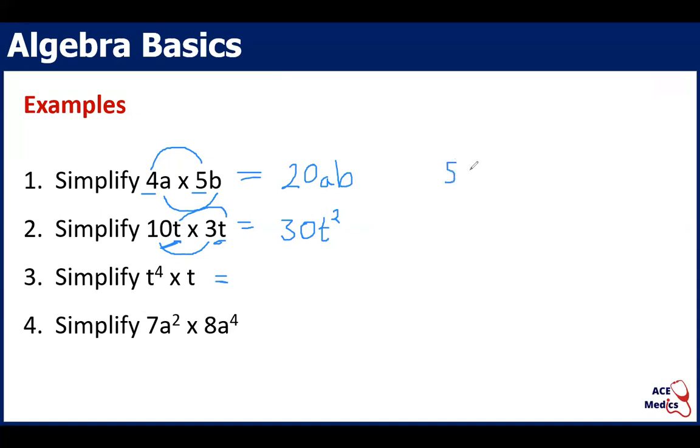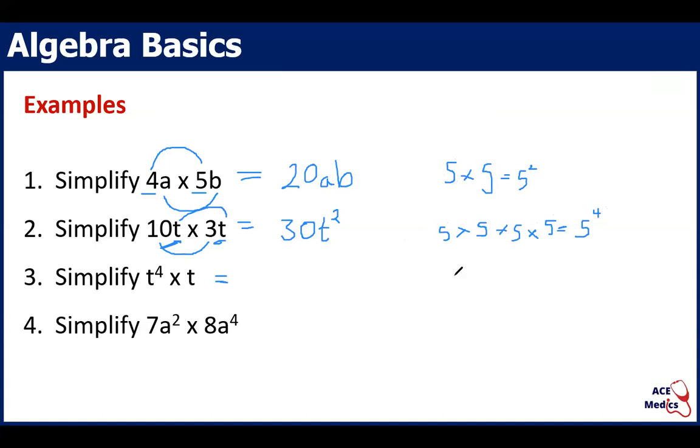If we have 5 times 5, we know that that's 5 squared. If we have 5 times 5 times 5 times 5, that's 5 to the power of 4, because we've got 4 lots of 5.